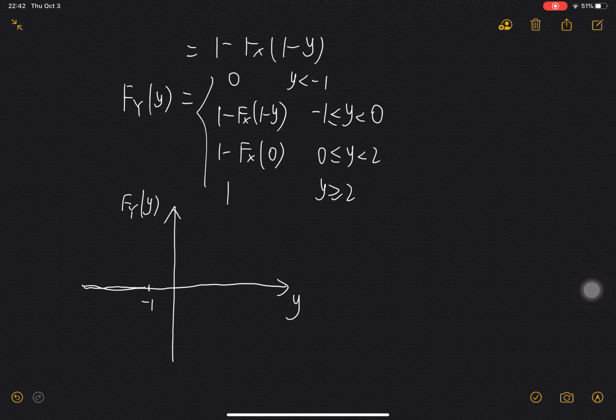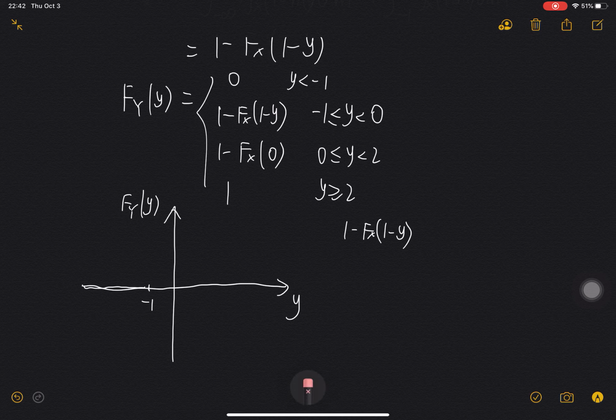And from minus 1 to 0, it equals 1 minus F_X(1 minus y), so it should be like this.